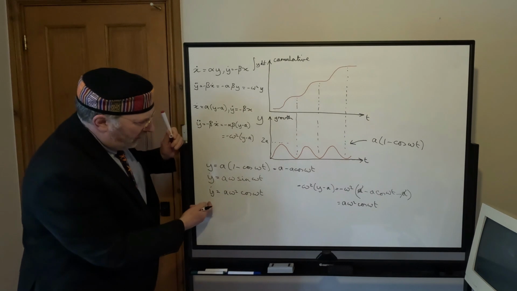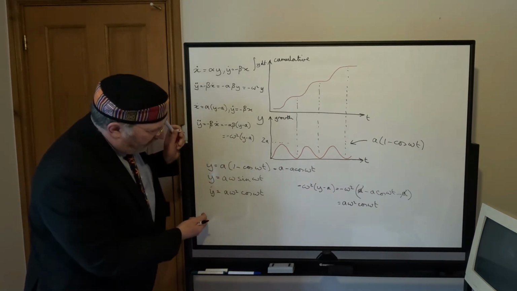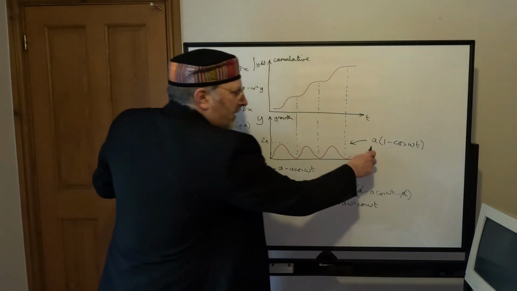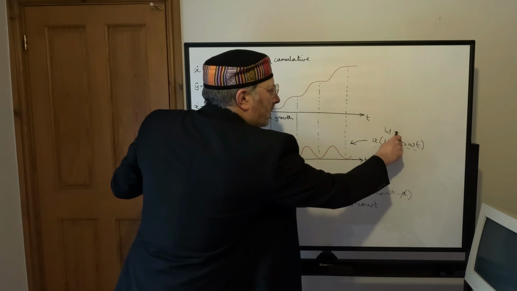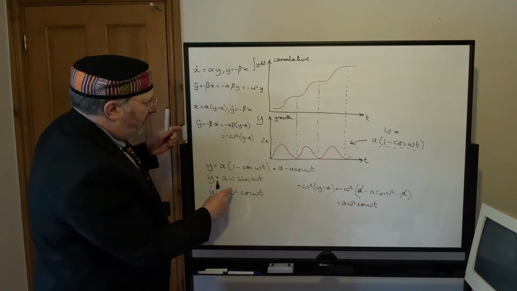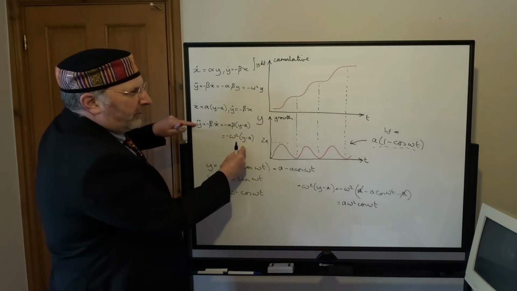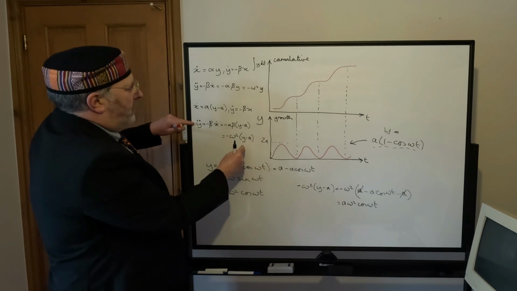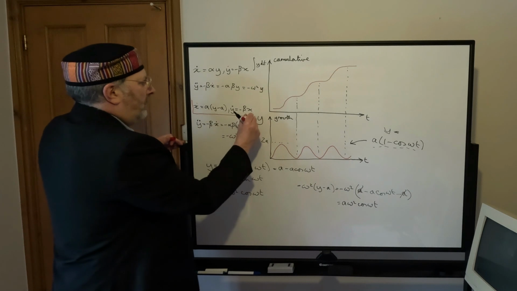And that is what we said y double dot should be. So this equation for y satisfies this equation, y double dot equals minus omega squared into y minus a, and that equation comes from this.